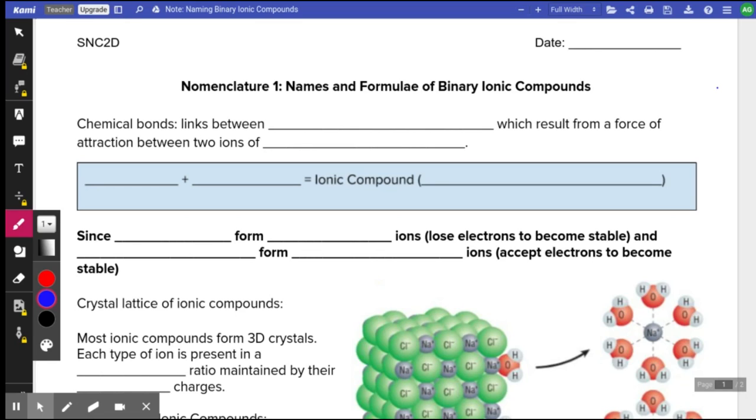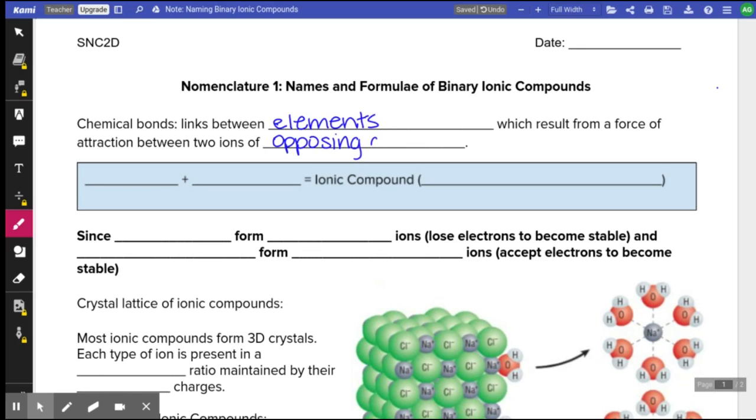Chemical bonds are links between elements which result from a force of attraction between two ions of opposing charges. So ionic compounds are a metal and a non-metal together.